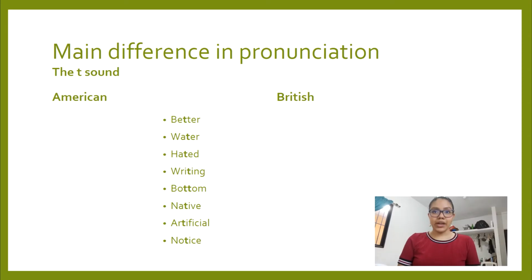Number 5. The sound of the letter T. In American, the T sounds more like an R, but in British, it is a hard T. Better, better. Water, water. Hated, hated. Riding, riding.